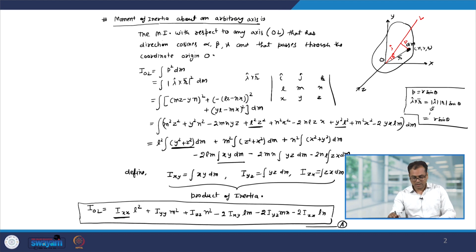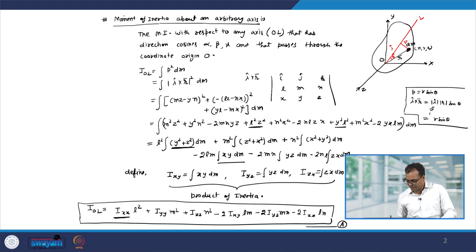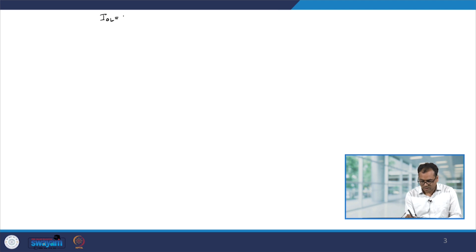Let me write down this statement. Let me again first write down what is IOL. So, this is the same equation that I am writing here. It is Ixx L square plus Iyy m square plus Izz n square minus 2 Ixy Lm minus 2 Iyz Mn minus 2 Izx Ln.